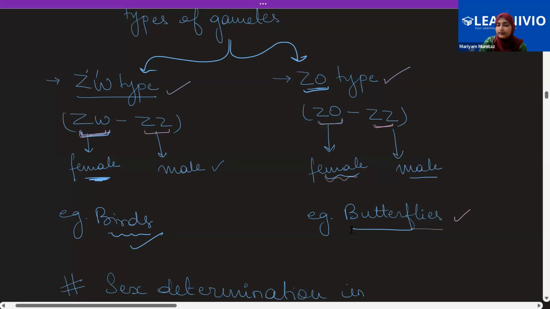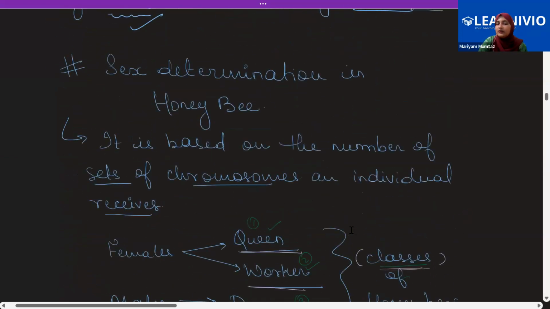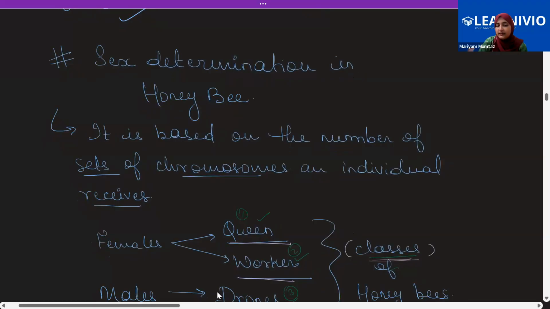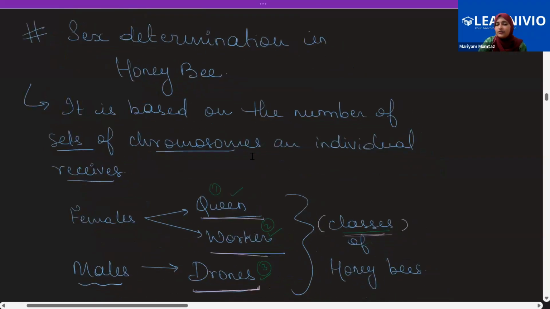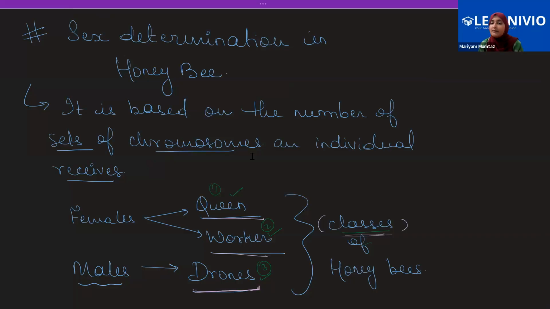sex determination. Now, talking about the most unique sex determination that takes place in the case of honeybees. In the case of honeybees, the sex is actually decided depending upon the number of chromosomes the organism is receiving.